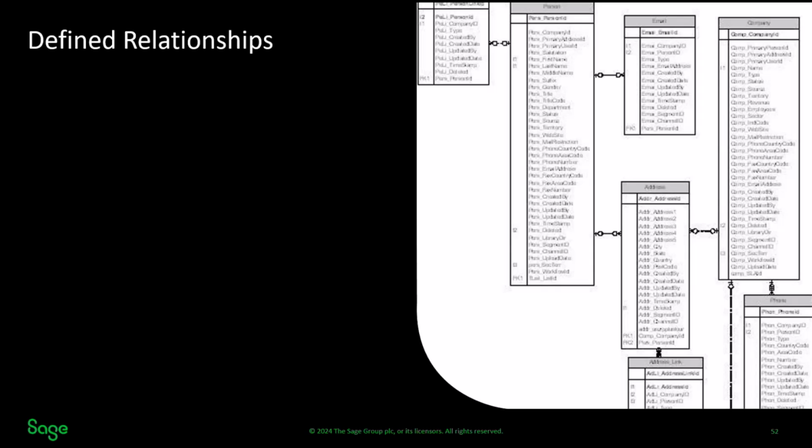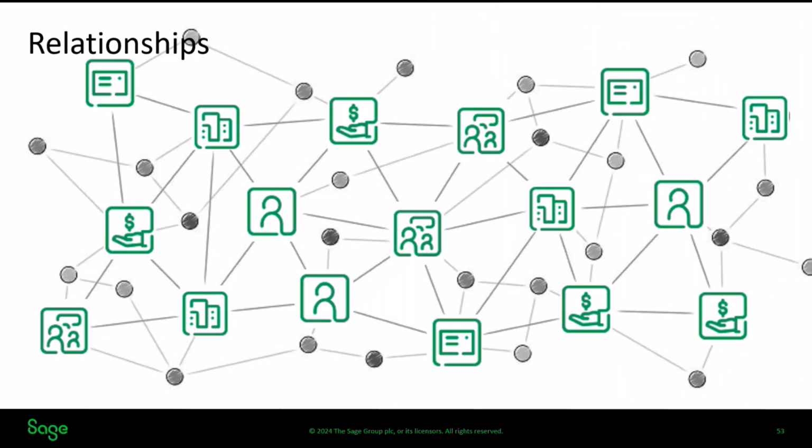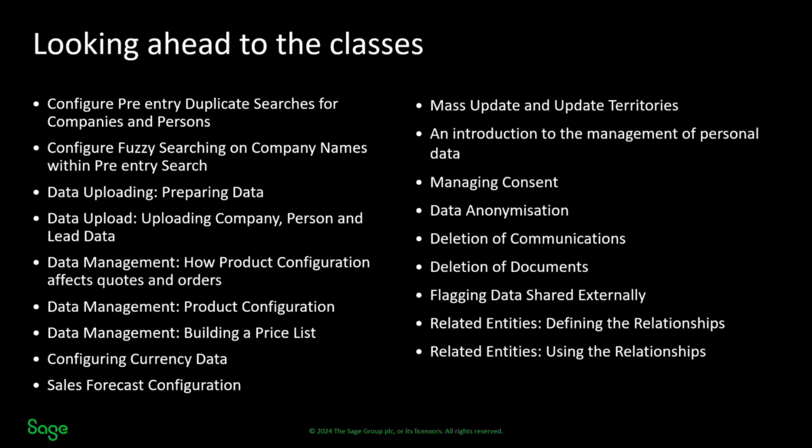When we think about a company, we think that a company consists of all of the contacts that it has, all of the addresses that are associated with that, all of the opportunities, the cases, etc. These are the defined relationships which are modeled within the user interface, but we may want to have a much greater sense of freedom in being able to create novel forms of relationships that can model associative relationships as well as hierarchical relationships, which we then want to be able to use for reporting purposes or even for other forms of use, such as groups or customizations, etc. Now, that's brought us to the end of this particular discussion on relationships.